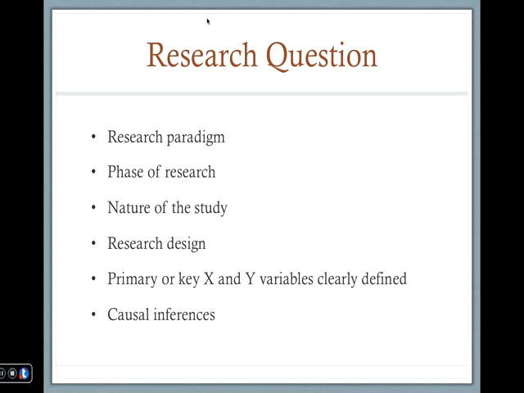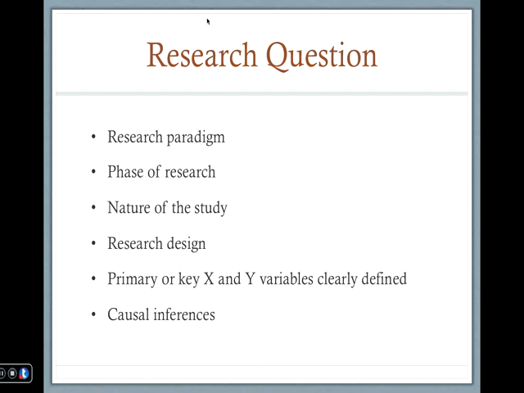Again, the research question will define the paradigm, either qualitative or quantitative research. Qualitative looks at the quality of something, like the meaning or the purpose, and quantitative looks at quantity, how many, how much, how big, how small.